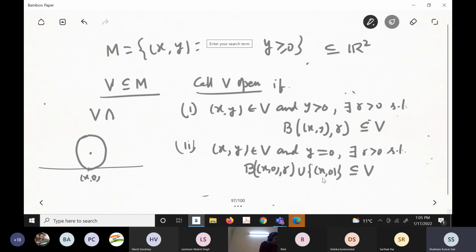Because it will be outside this; I'm taking the disk plus this point. It is contained in V. Got it? Call V open.